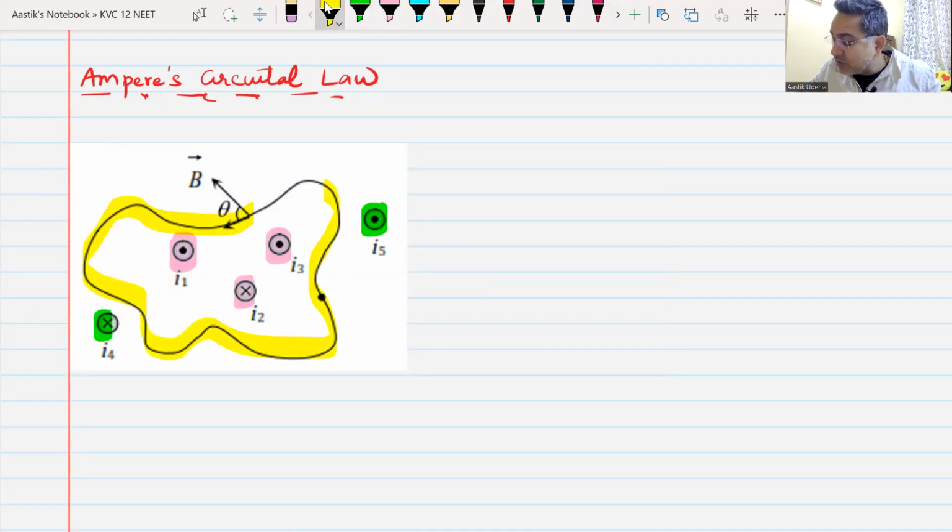I have created a closed loop, and in this closed loop there are some wires which are coming in this loop. There are some wires which are outside of this loop.